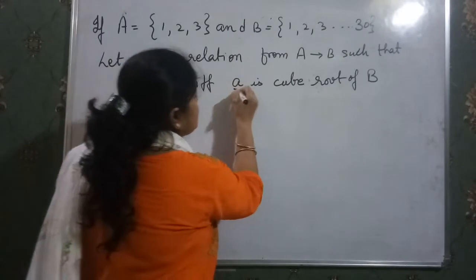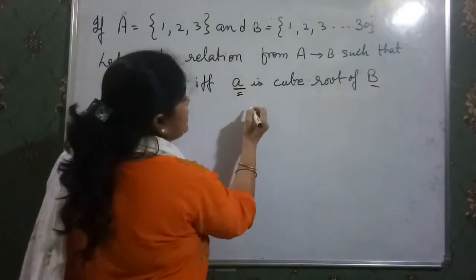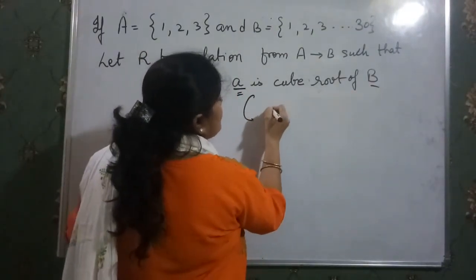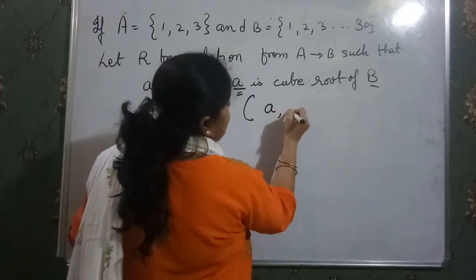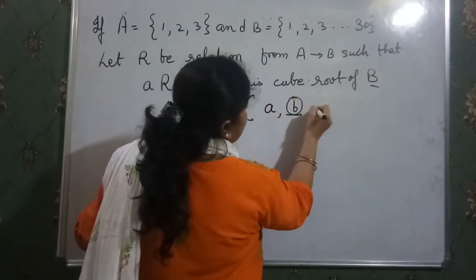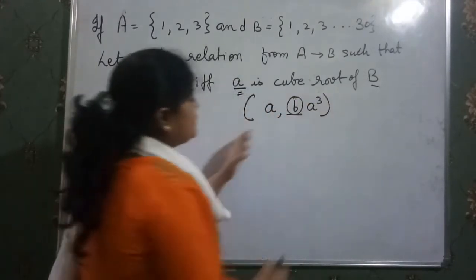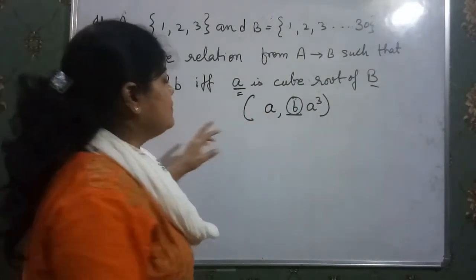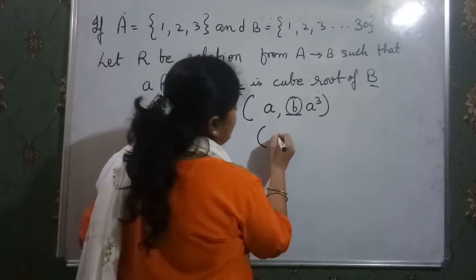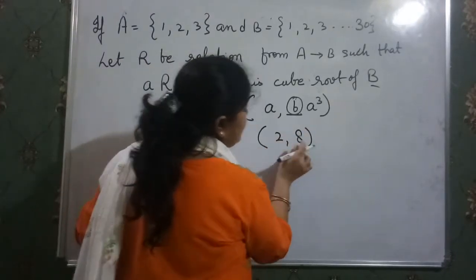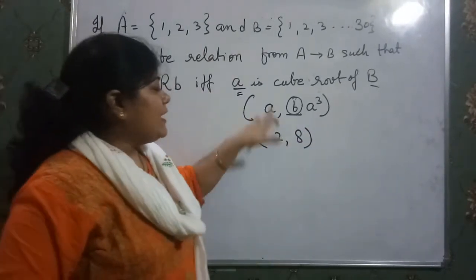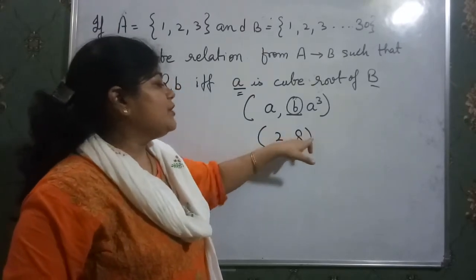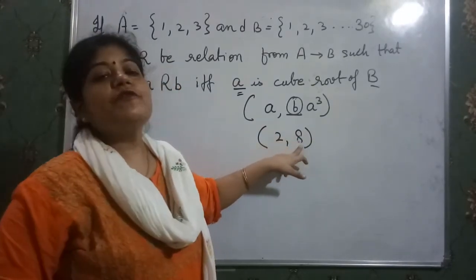That means the term in A must be, for example, this is a, then in place of b we have a cube. So for example, if we have 2 here, then it must have 8. That means the element in the place of a is the cube root of the element in place of b.